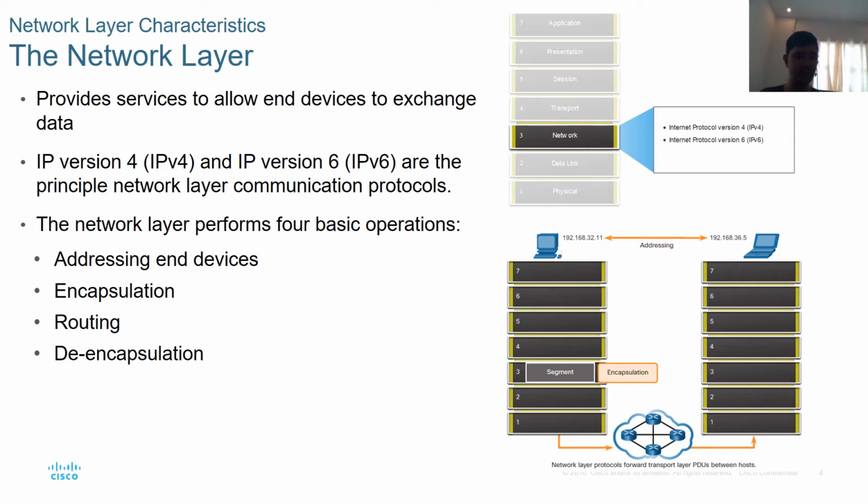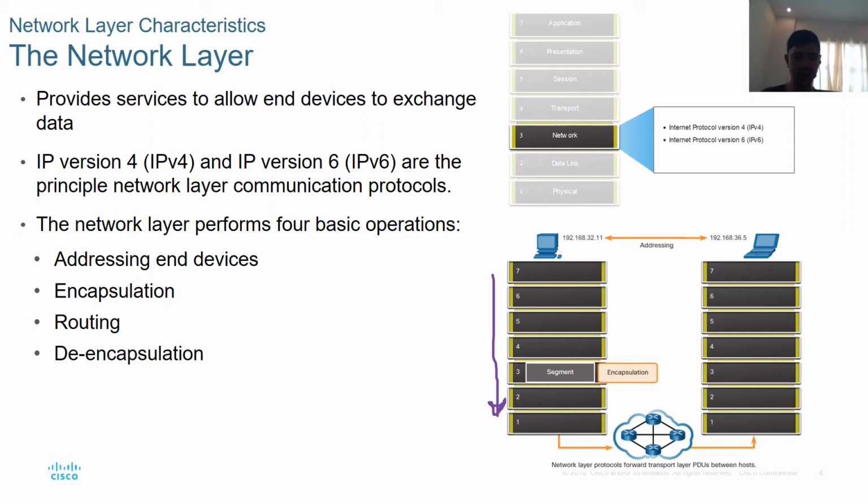In the network layer, during transmission, the data is being encapsulated, meaning covered by the IP address. So during sending, again, not the data, but the segment from the transport layer is being encapsulated in the network layer.